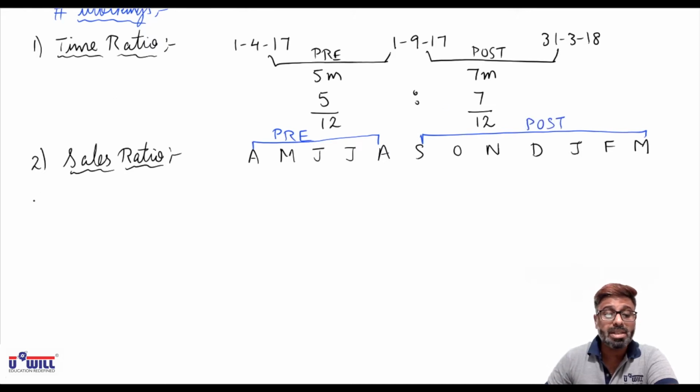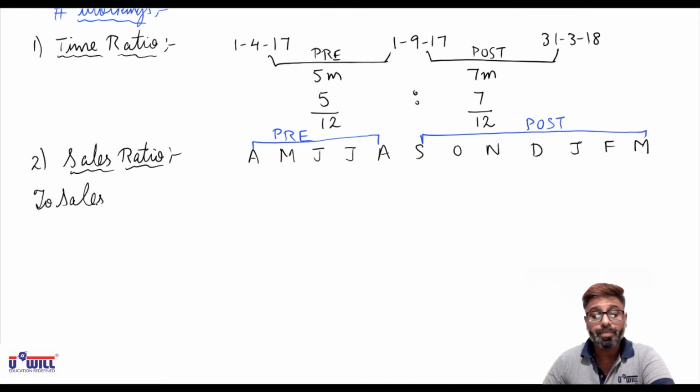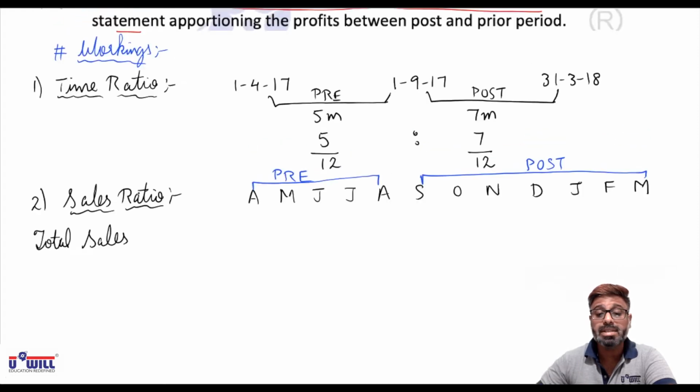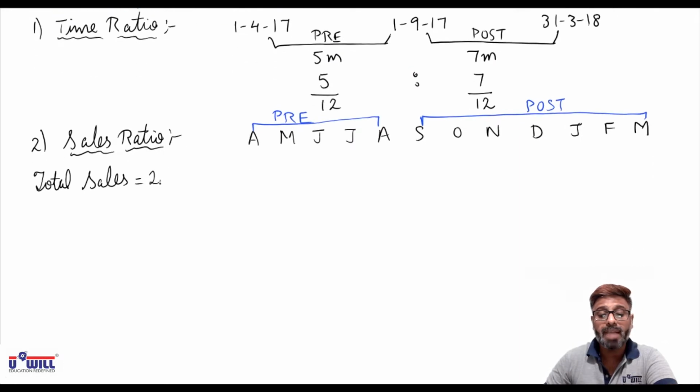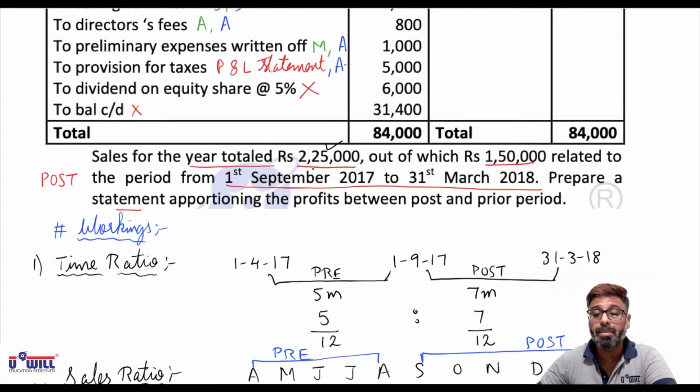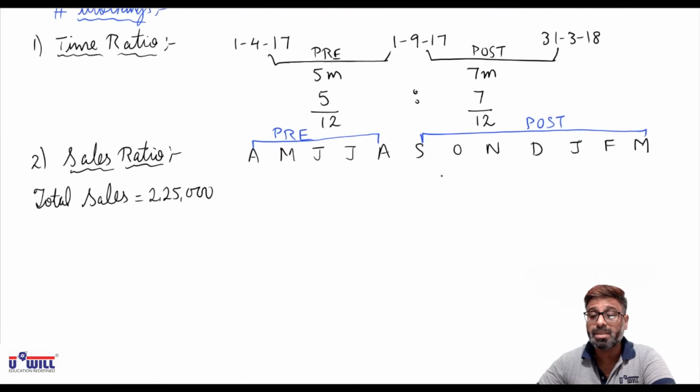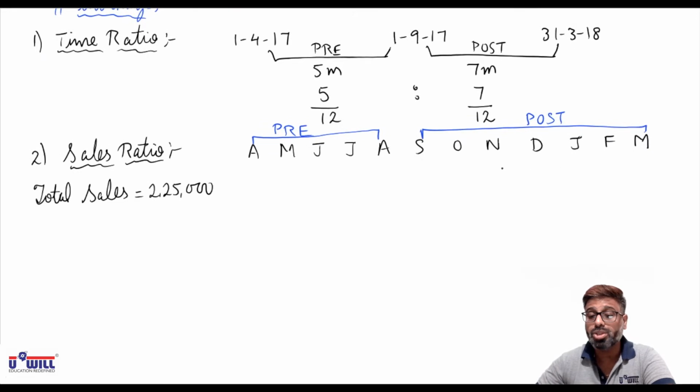Now, what are the total sales given below the question? Total sales are given, 2,25,000. And from that, what are the sales given from September to March, the post incorporation period? 1,50,000.